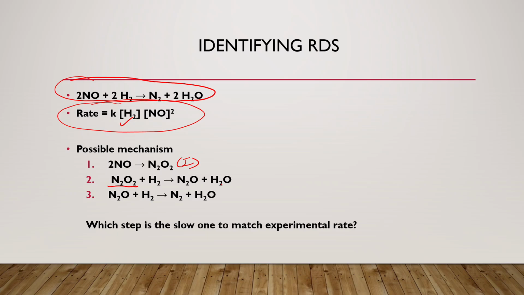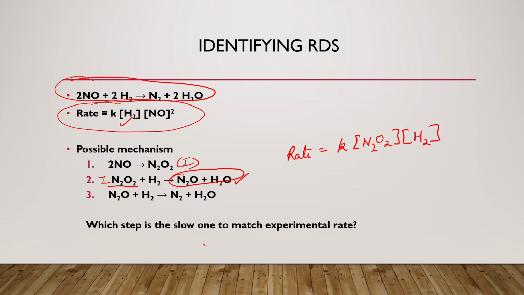So we can see in the second step, the intermediate reacts with H2 and makes N2O and H2O. N2O is another intermediate here because it also is not appearing in the overall reaction. So if the second step was the slowest step, and if that was the rate determining step, then the rate would be equal to K times N2O2, which is our first intermediate, times H2, right?